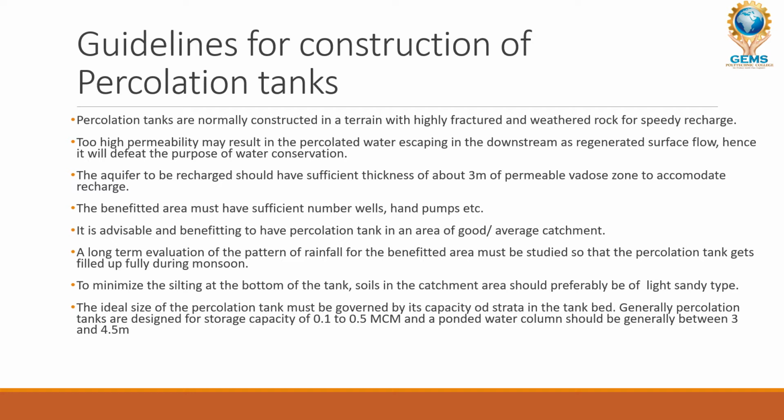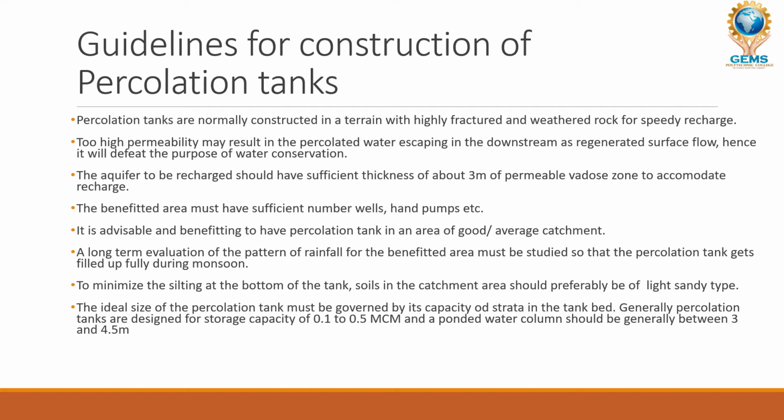Then you have to identify the silting at the bottom of the tank. If the tank you constructed receives a large amount of silt, then the soils in the catchment area should preferably be of light sandy types. If you are constructing a percolation tank at a particular position, the silt washed away through the streams and settled at the bottom blocks the permeability.